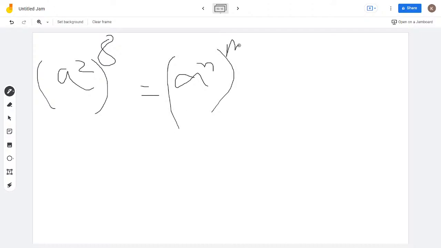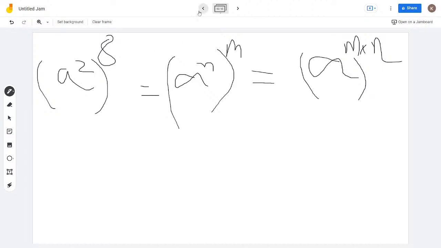The same number is having two powers, so you do a to the power mn, that means m times n. Okay, right?